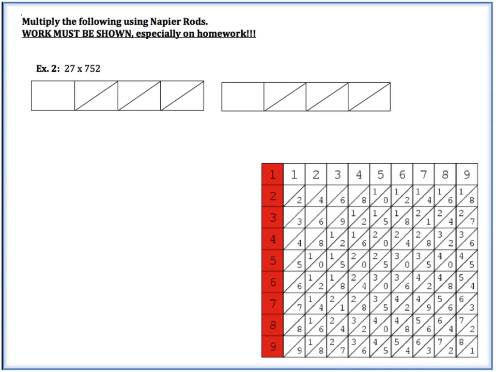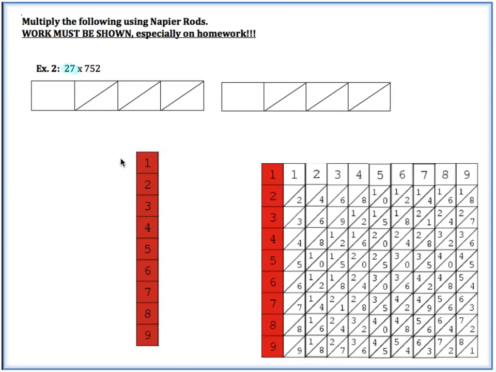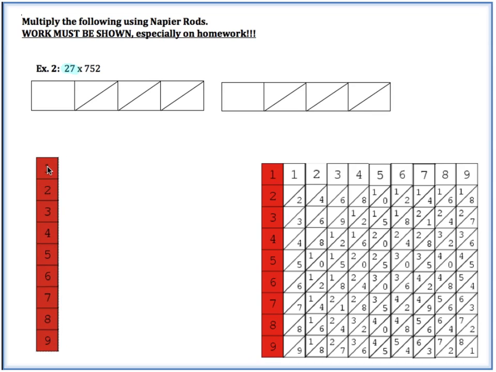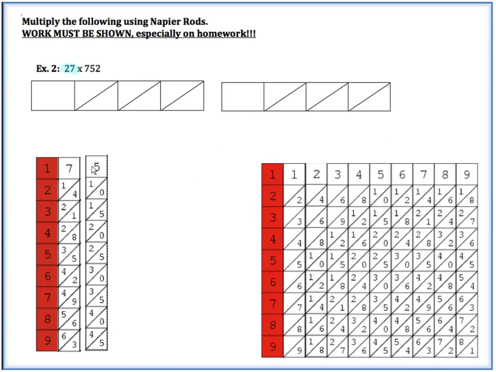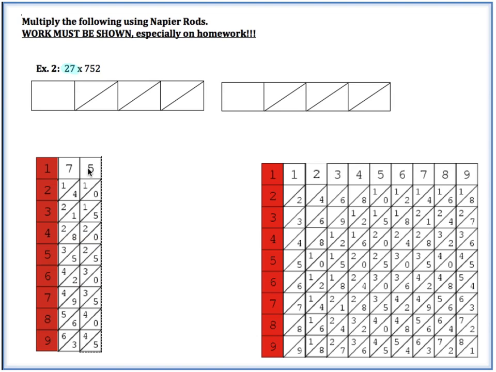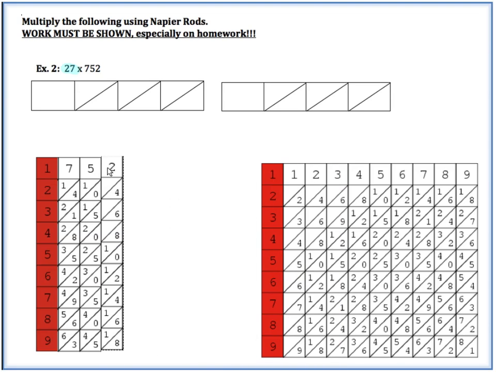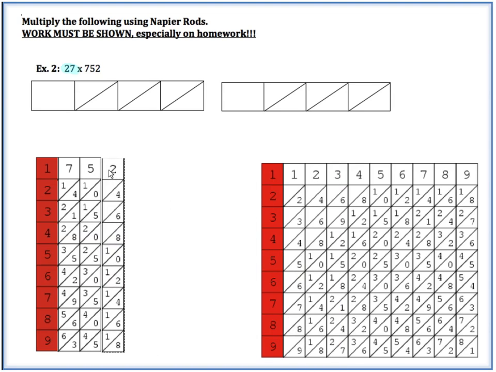Alright, in our next one, this process will still work even with a 2-digit number times a 3-digit number. Again, we want to take our index right here, and then we want to take the rod for 7, 5, and 2. So 7, and here's a 5. Here is your 2.